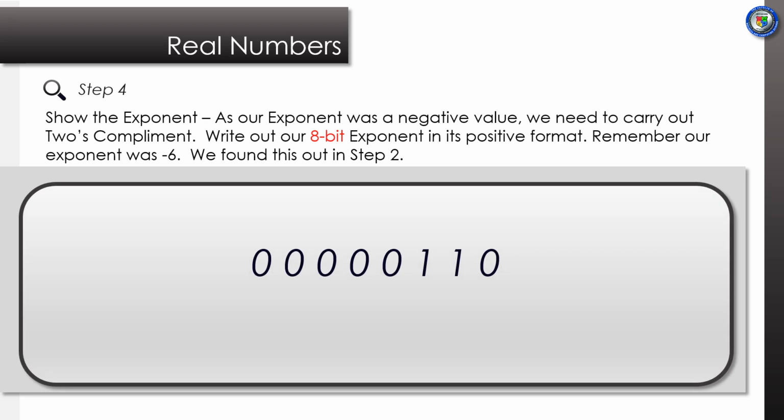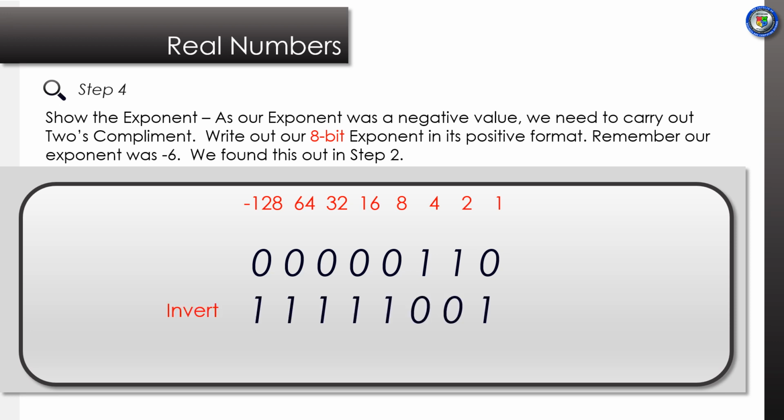Again, our exponent is a negative value, and as such we need to carry out 2's complement. To do this, we will write out our 8-bit exponent in positive format. Our exponent is negative 6. We'll then invert, which means we will turn our zeros to 1s and our 1s to 0s. We will then add 1.